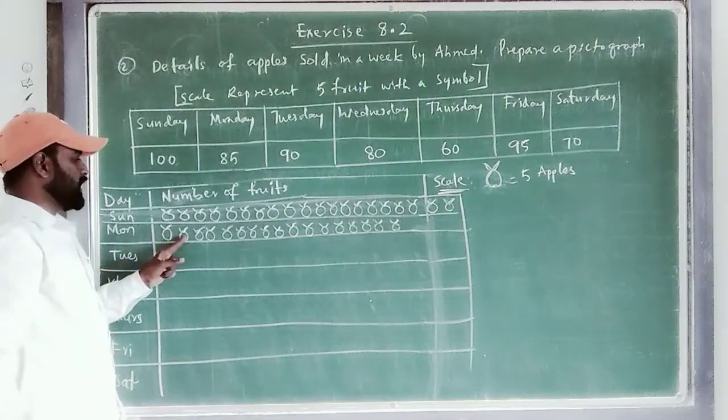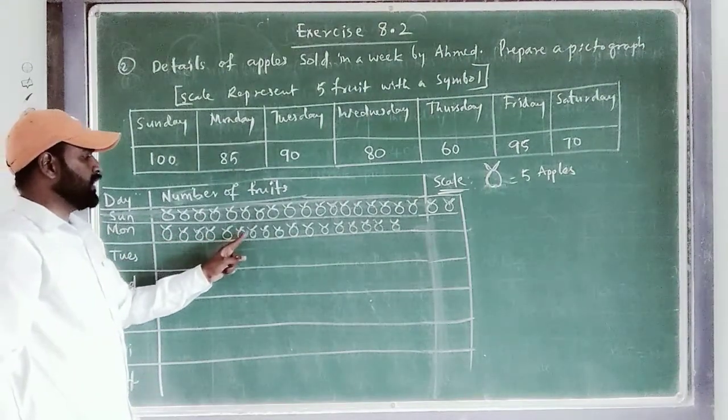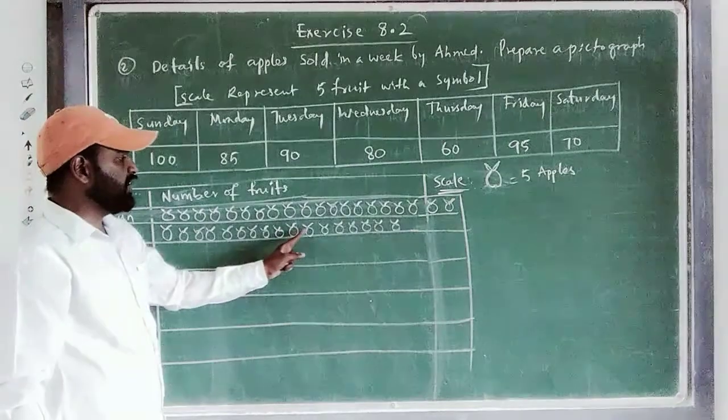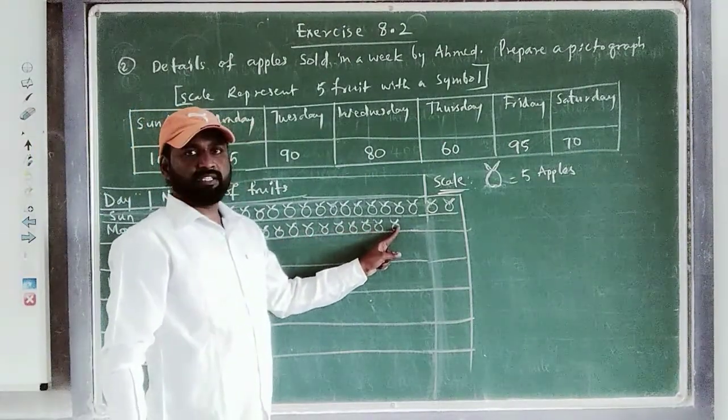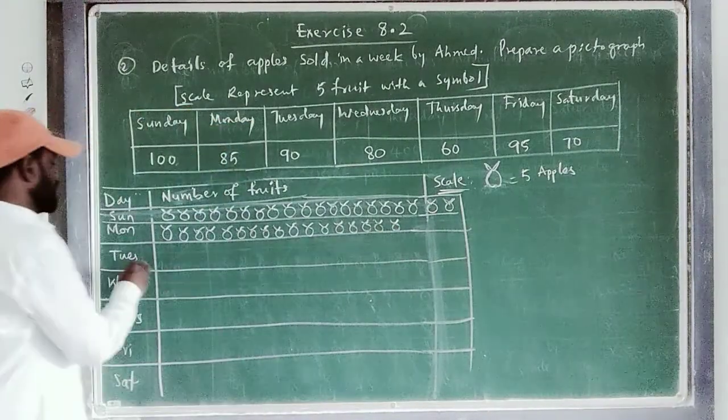See, 5, 10, 15, 20, 25, 30, 35, 40, 45, 50, 55, 60, 65, 70, 75, 80, 85. 17. Okay.